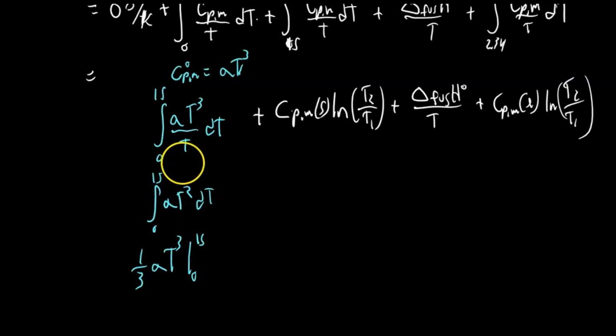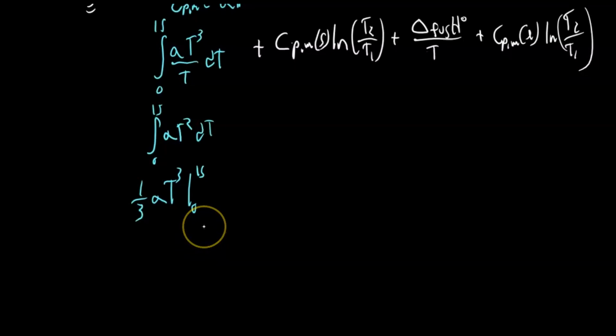And if we assume that at 0 Kelvin this term is 0, then this is just the value at 15 Kelvin. So this would be 1 over 3 a t cubed at 15 Kelvin.